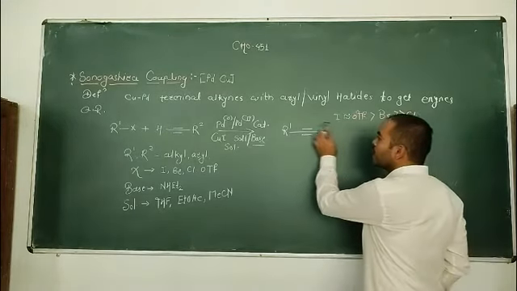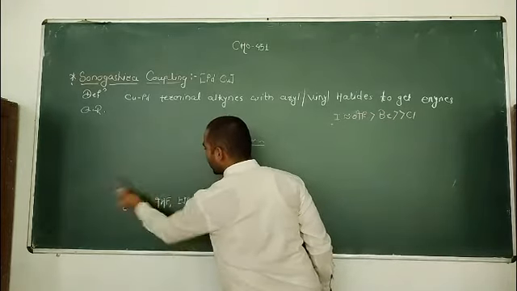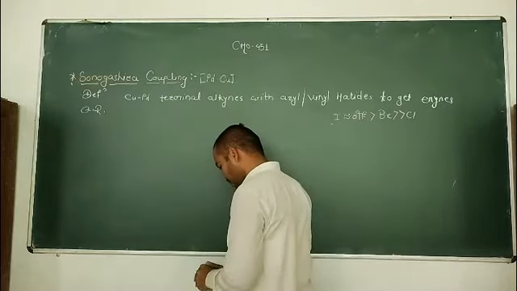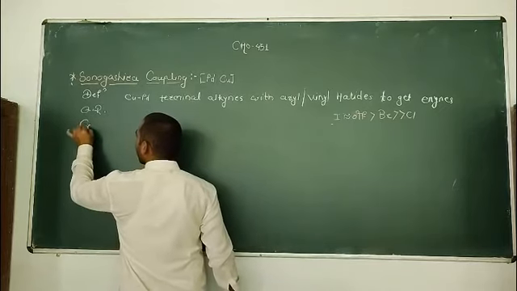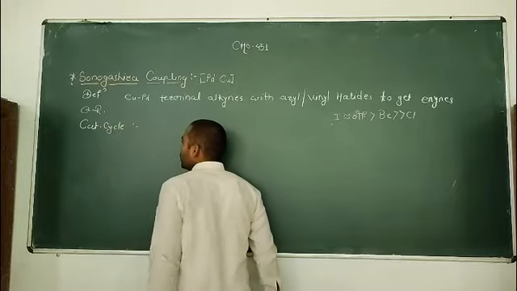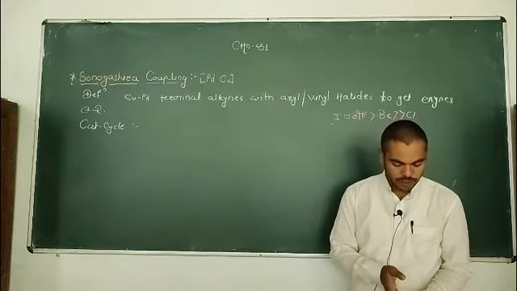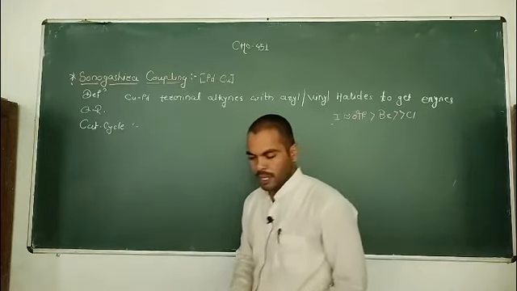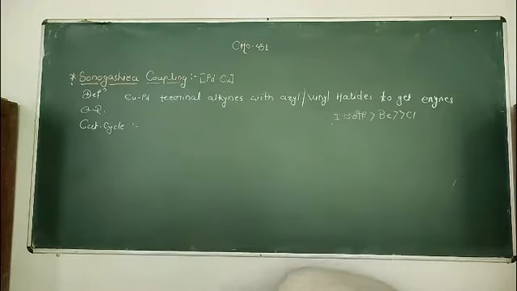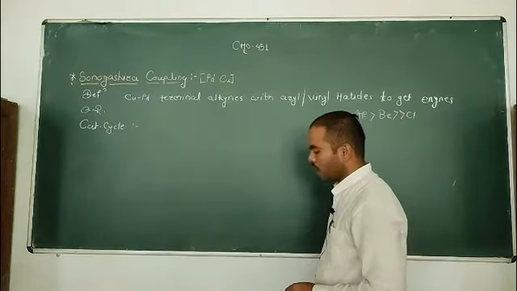Next, the catalytic cycle related to this Sonogashira coupling. The steps oxidative addition, transmetallation and reductive elimination are the same as in Stille coupling, but here an additional reaction is related to our co-catalyst copper iodide.